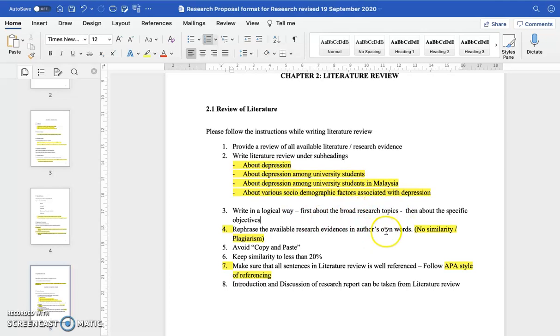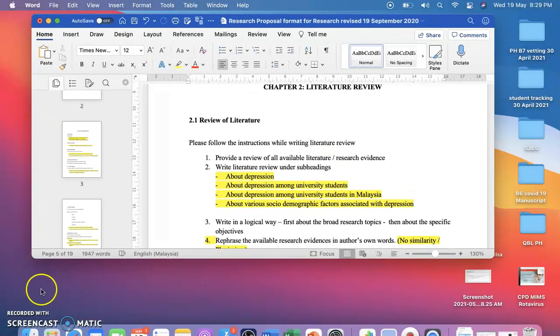First about the broad research topic, then about specific objectives. Similarity index should be less than 20%. All the sentences should be well referenced. Follow APA style of referencing. Introduction and discussion of the research report can be taken from the literature review.